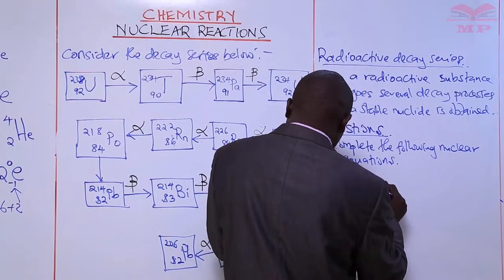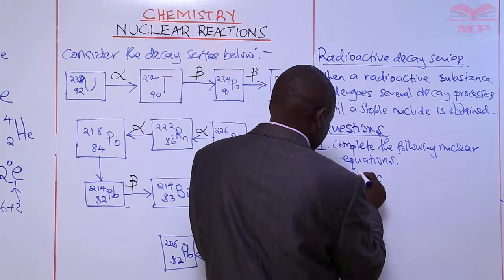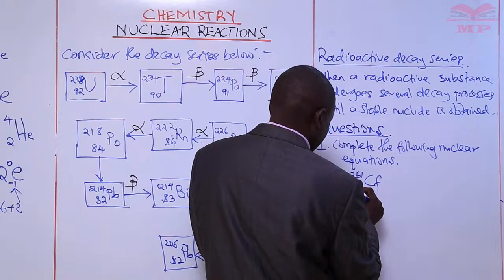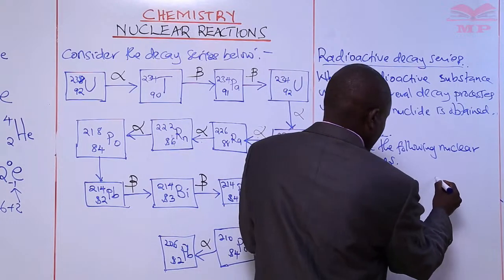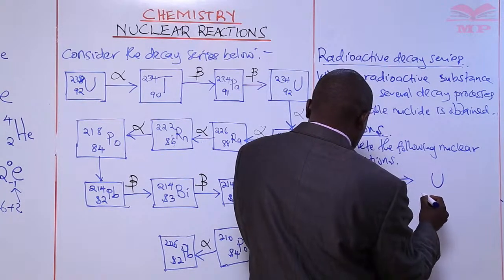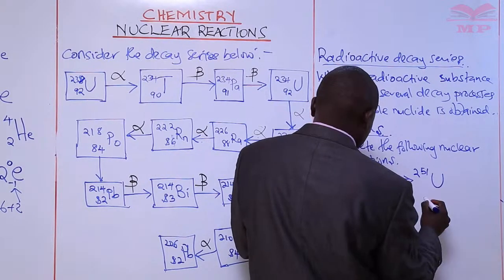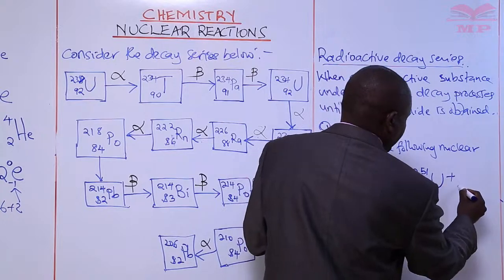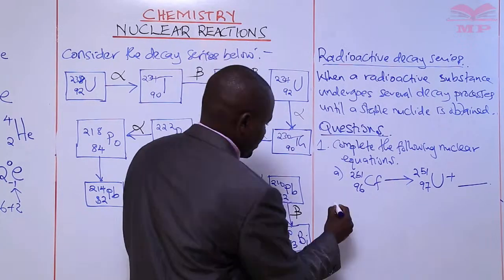We have this particle whose mass number is 251 and atomic number of 96. It decays to produce a new particle whose mass number is 251 and atomic number of 97. Identify the particle that is released there.